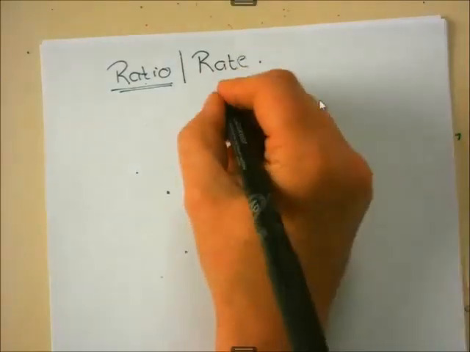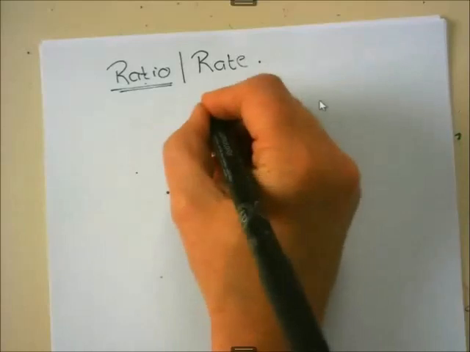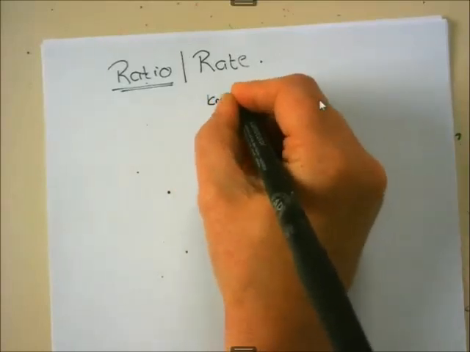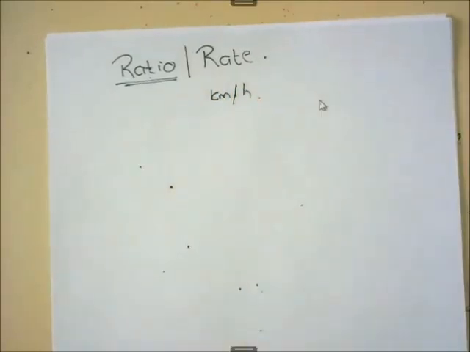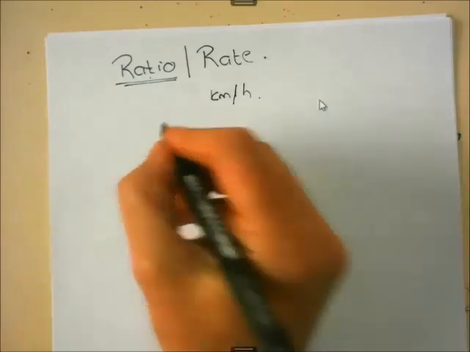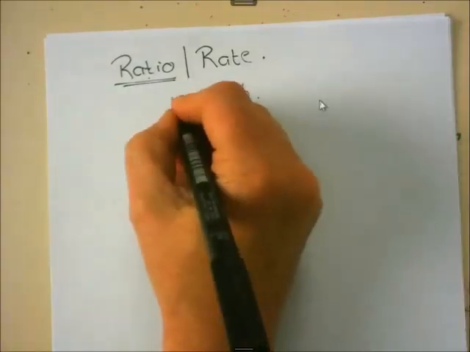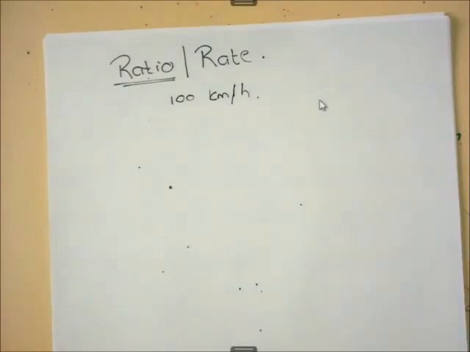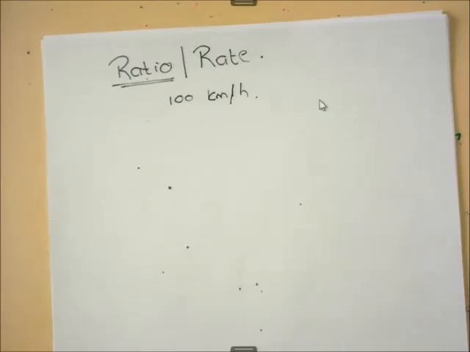A rate is like when we say kilometer per hour. If I say the speed limit from Tabanshu to Bloemfontein is 100 kilometers per hour, theoretically I can then only drive 100 kilometers per hour.